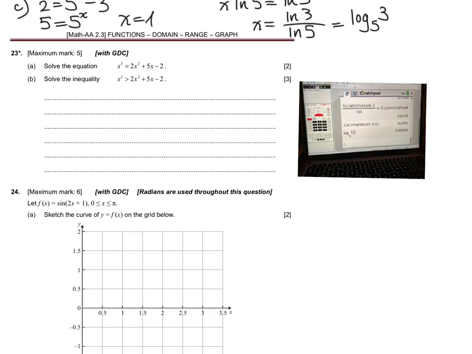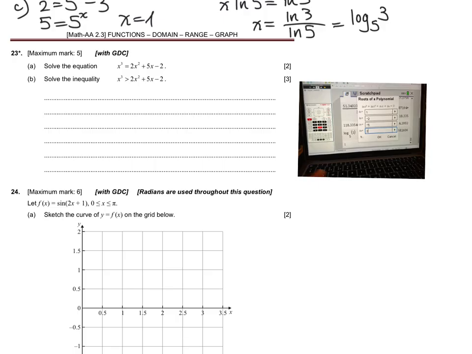All right, so if we go this way, we can do algebra, polynomial tools, find roots. This is degree 3. And we have to get it equal to 0. So if we get everything on the left side, we're going to have 1, negative 2, negative 5 and positive 2.